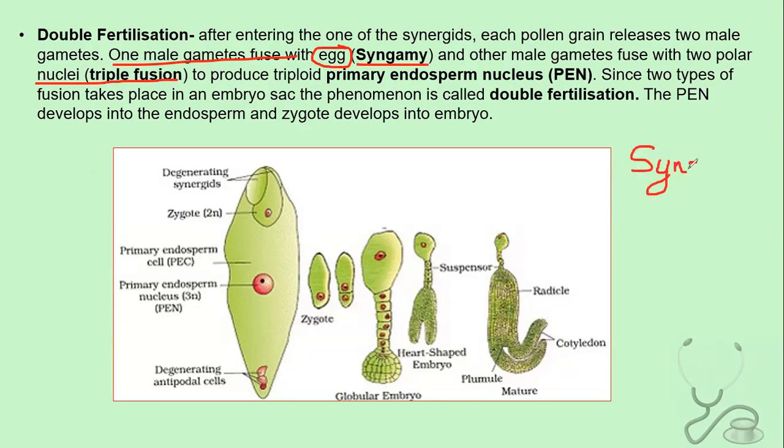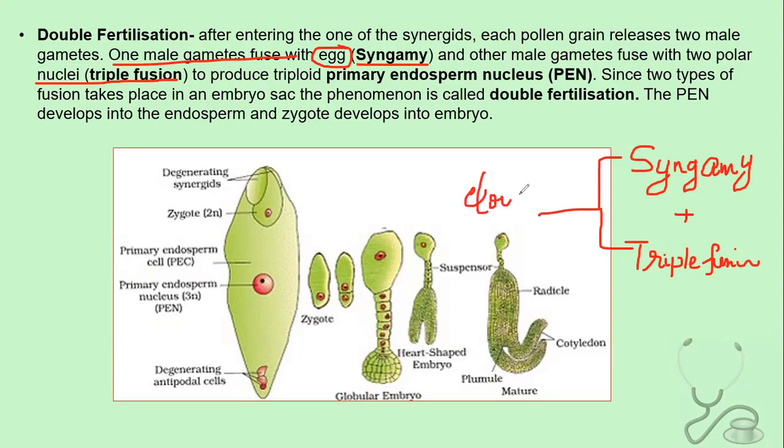So the process of syngamy, fusion of sperm and egg, plus the triple fusion of polar nuclei and the male gamete: since two different fusions are happening, the entire process is called double fertilization.